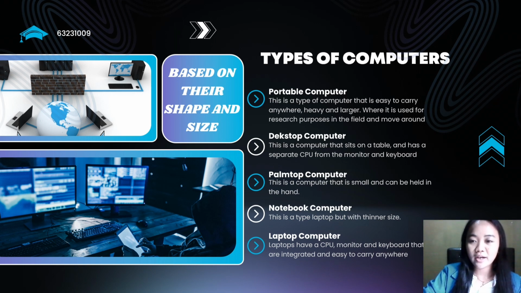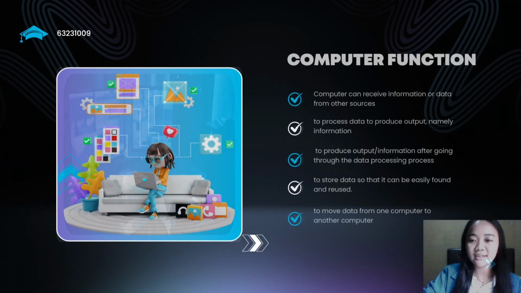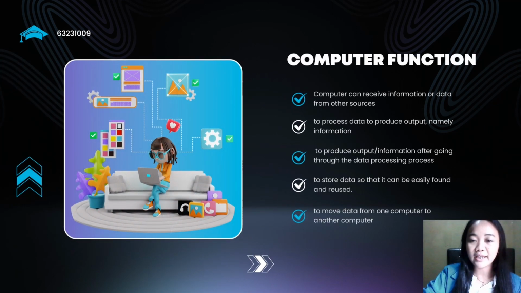The computer has functions such as: 1. Data input. Computer can receive information or data from others. 2. Data processing. One of the main functions of a computer is to process data so as to produce output, which is in the form of information. 3.